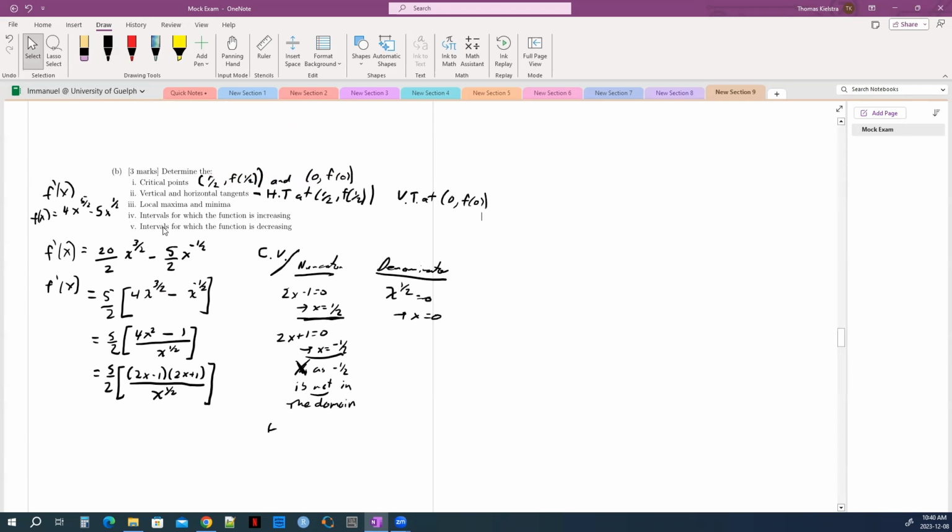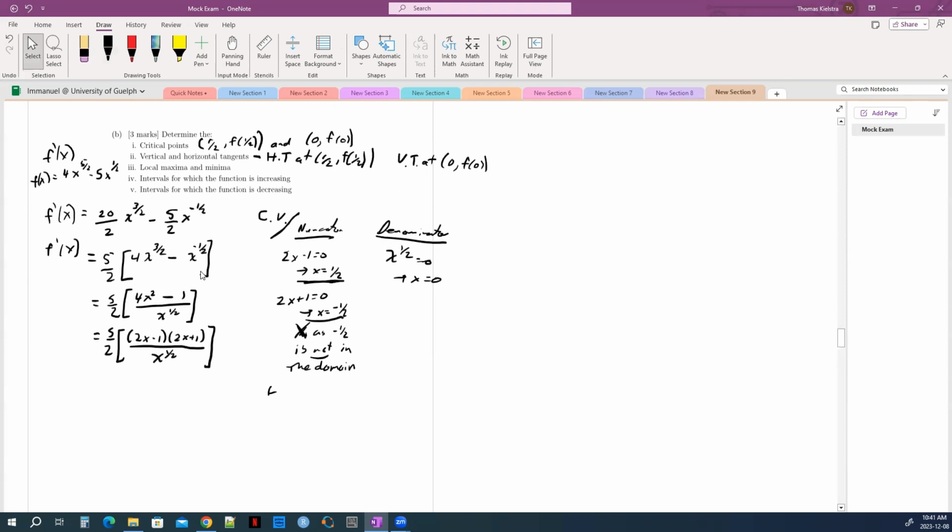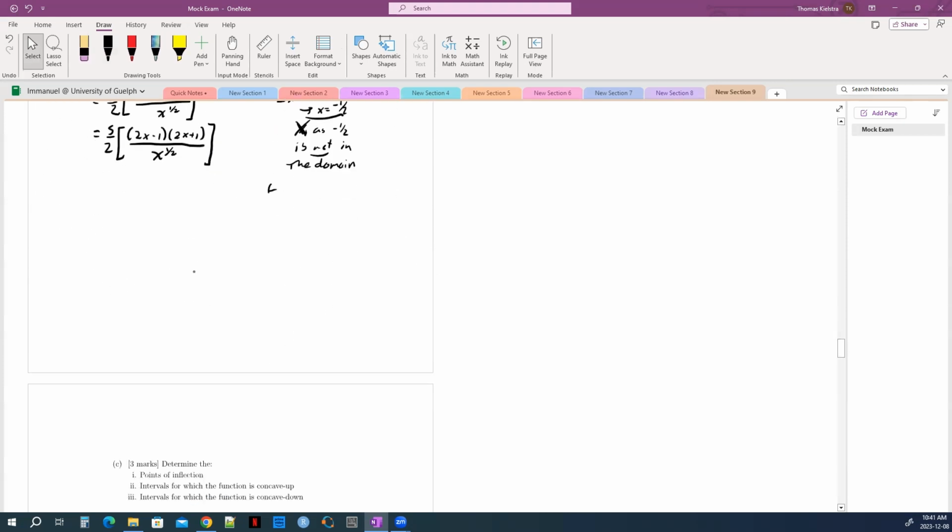So now we're looking at our local maximum and minimum, intervals of increasing and intervals of decreasing. And to do this, we look at a sign chart. So we're going to create our sign chart about our values, -1/2, 0, 1/2, 5/2, 2x minus 1, 2x plus 1, and square root x.